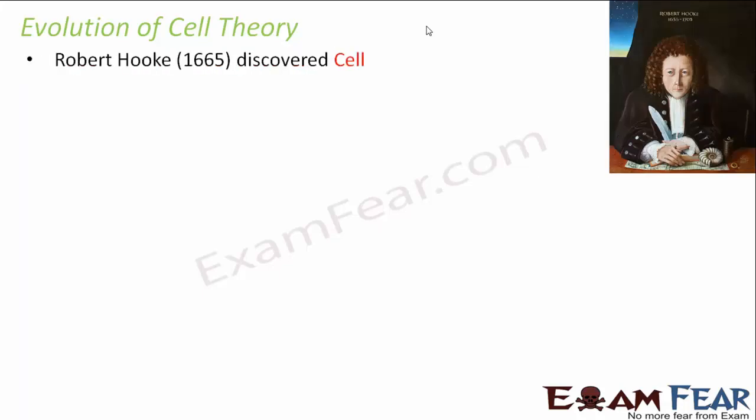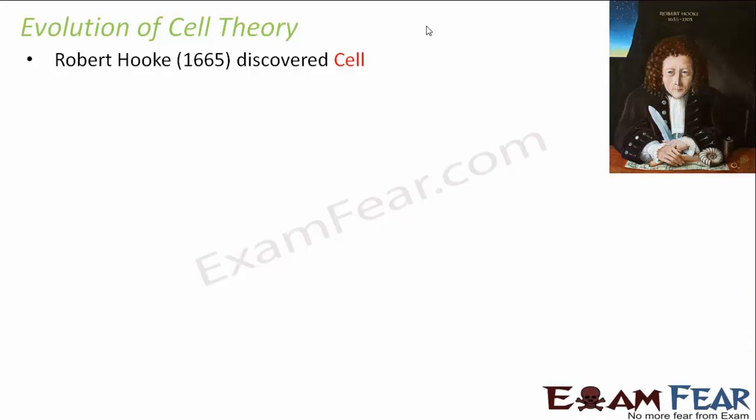Now we will talk about the evolution of the cell theory. The cell theory was given quite some time after the cell was discovered. Let us see how the cell was gradually getting known to people.